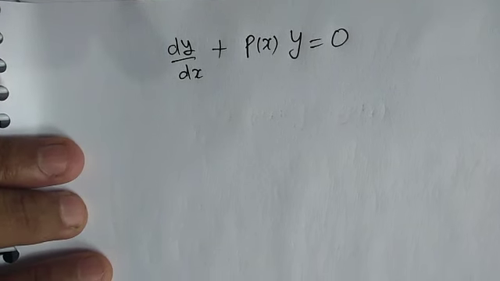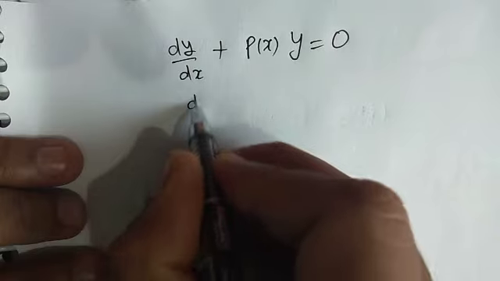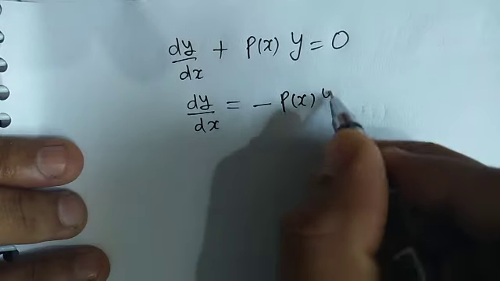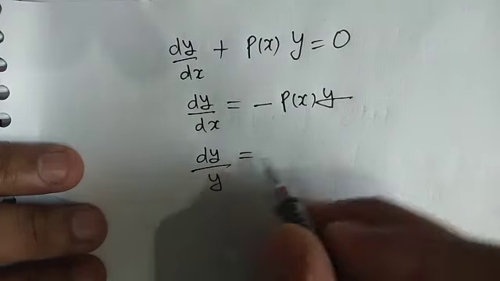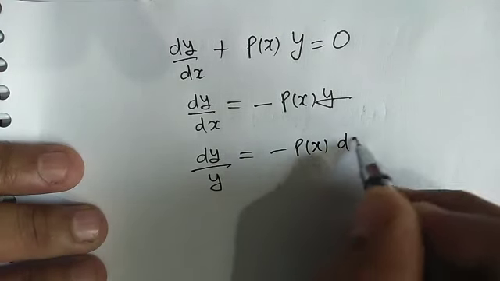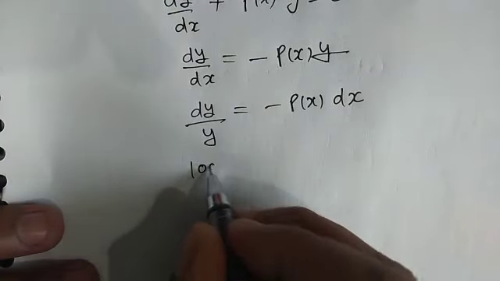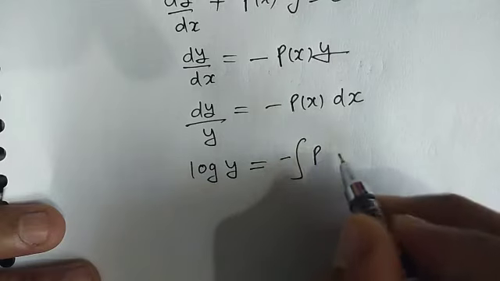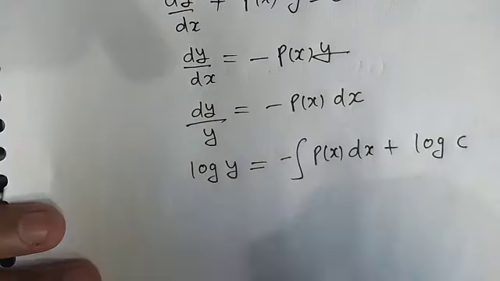If this is the given homogeneous linear first order differential equation, we can write dy by dx equal to minus p(x) y, or dy by y equal to minus p(x) dx. If you integrate both sides, we get log y equal to integral of minus p dx plus log c.